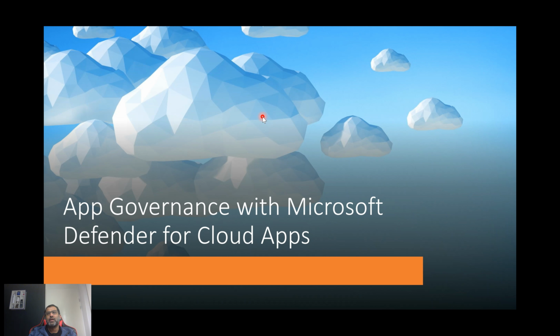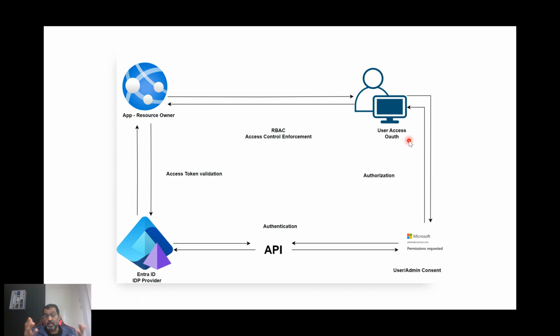As we all know, open authorization is a standard for access delegation that allows users to grant third party applications limited access to their data on another service without sharing the credentials. For example, if a user wants to access a third party SaaS application, for an OAuth application we don't need to give a username and password.